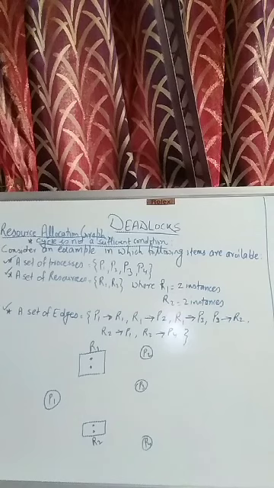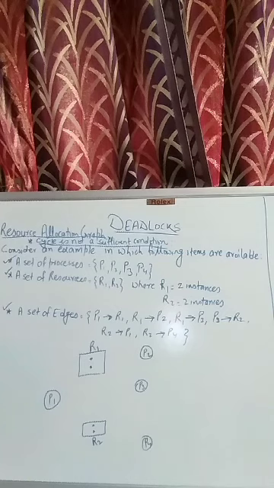Now, I am considering an example by which we can see that if each resource type has several instances, then a cycle does not necessarily imply that a deadlock has occurred.